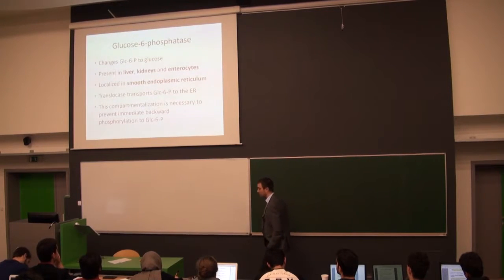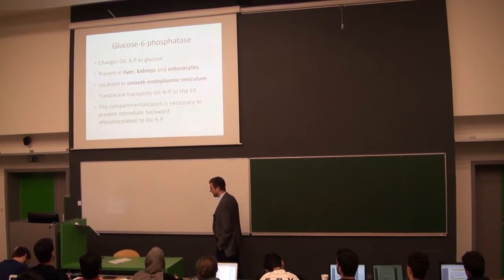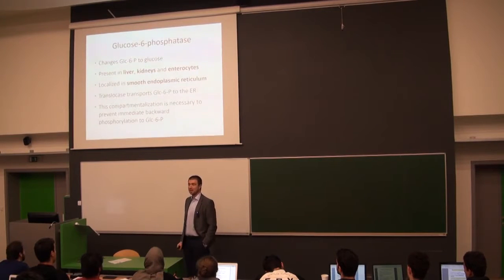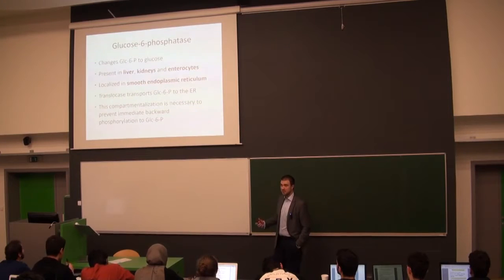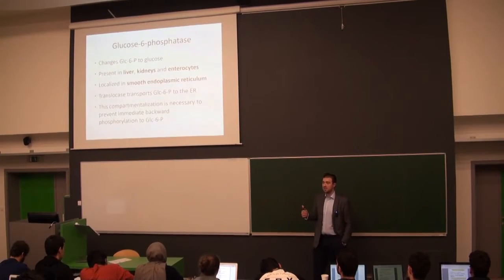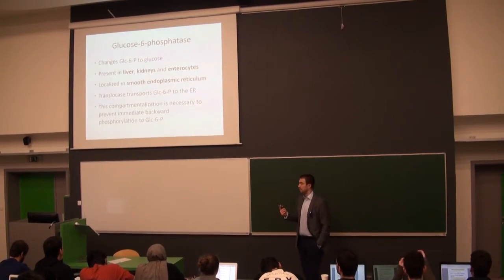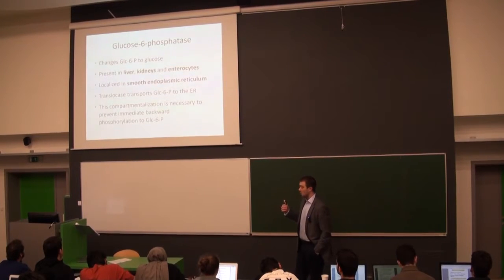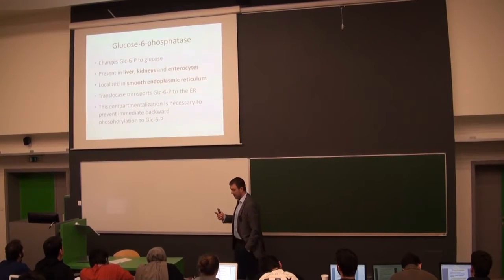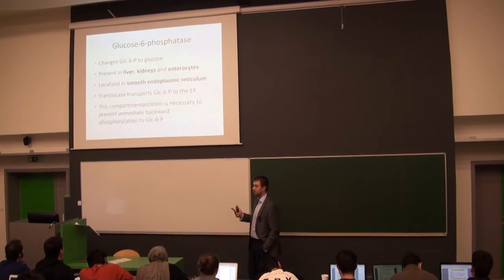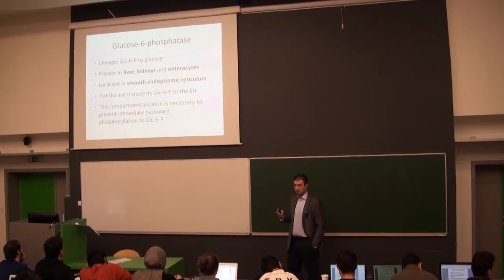And the only thing that makes it difficult is that this enzyme is not located in all tissues. This enzyme has specific subcellular localization and organ location. The organ location is inside the enterocytes, inside the proximal tubules of kidneys, and inside the liver.